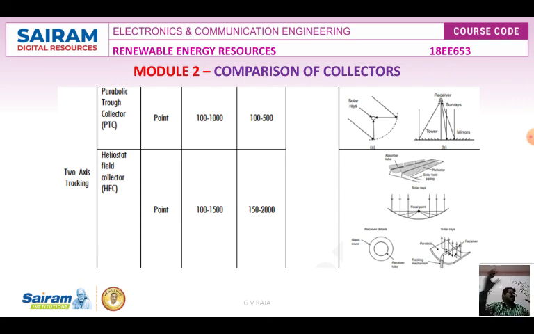There also the sun rays fall onto the dish, but are reflected back to one particular point. The CCR is 100 to 1000 or 1500, and the operating temperature for the parabolic dish is 500 degrees, while heliostat generates 2000 degrees Celsius heat. It is also used for high power applications.